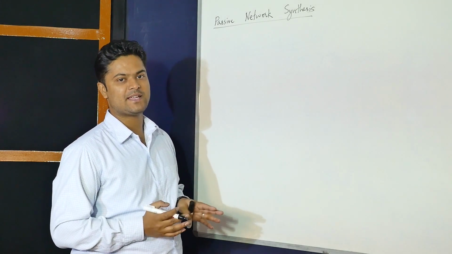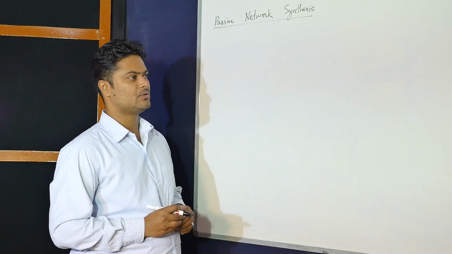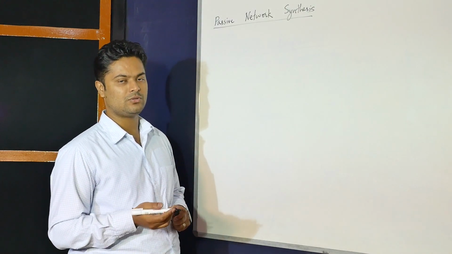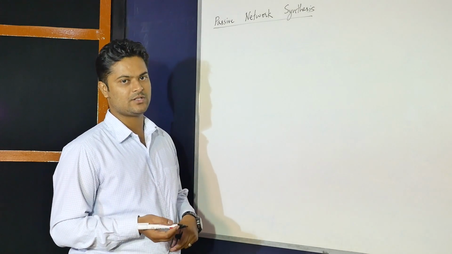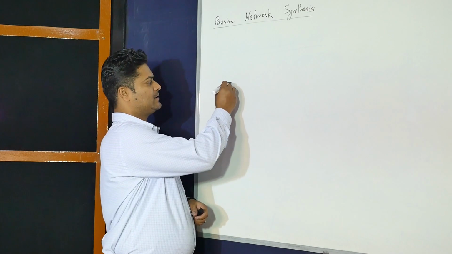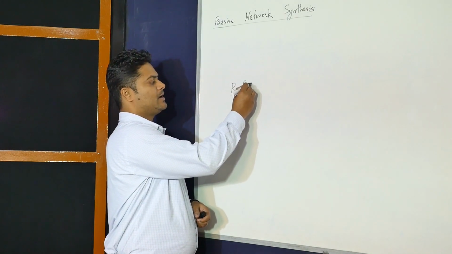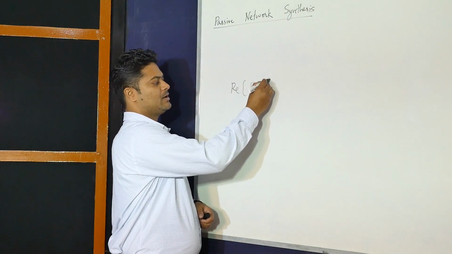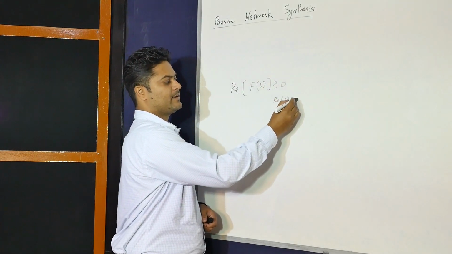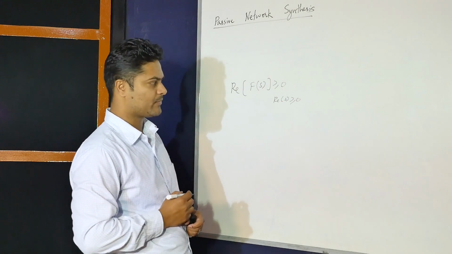It should not have any imaginary or negative terms. If it has any negative terms or imaginary residue, then it is not a positive real function. The third necessary condition is that the real part of the function F(s) has to be greater than or equal to 0 for s greater than or equal to 0.